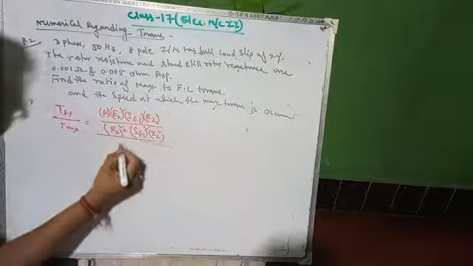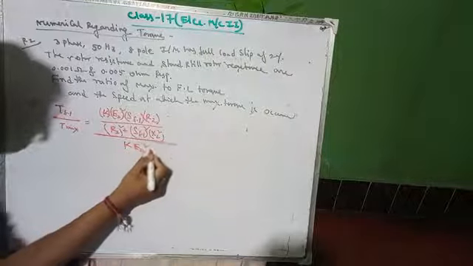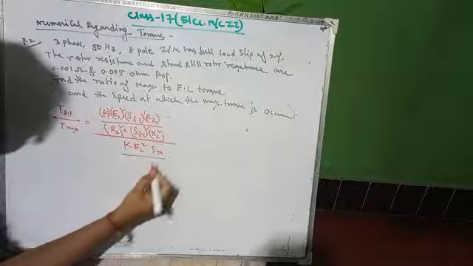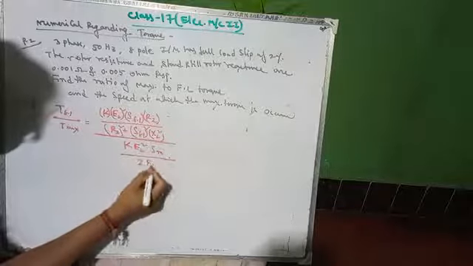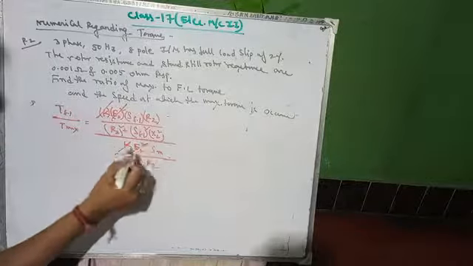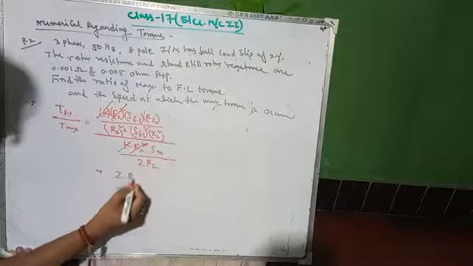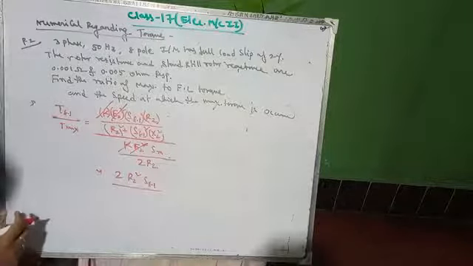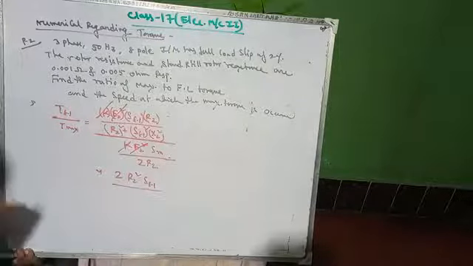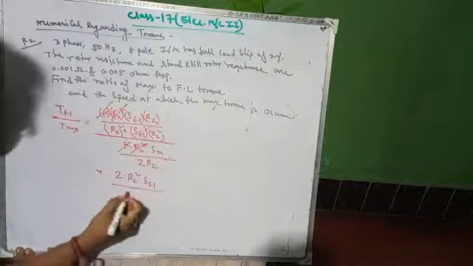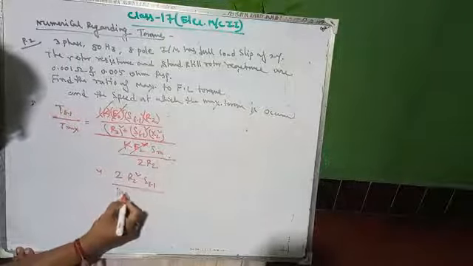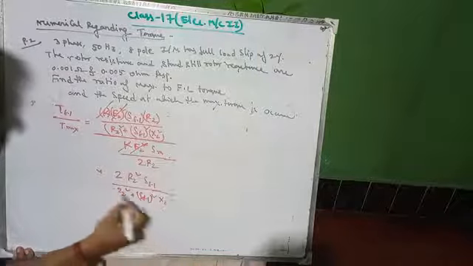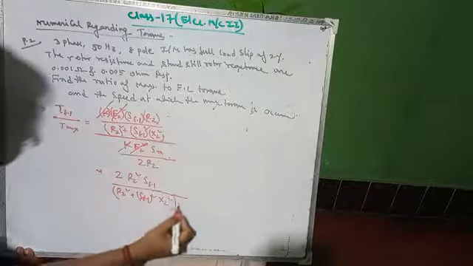Divided by the maximum torque, which means K E2 square into Sm divided by 2R2, right? So K will be cancelled out, E2 square will be cancelled out. So 2R2 square S of FL divided by R2 square plus S of FL whole square X2 square and multiplied by Sm.